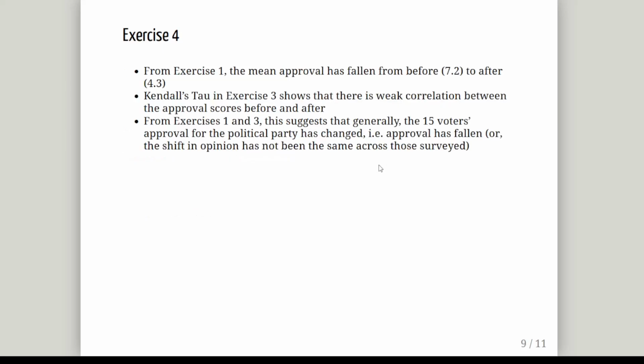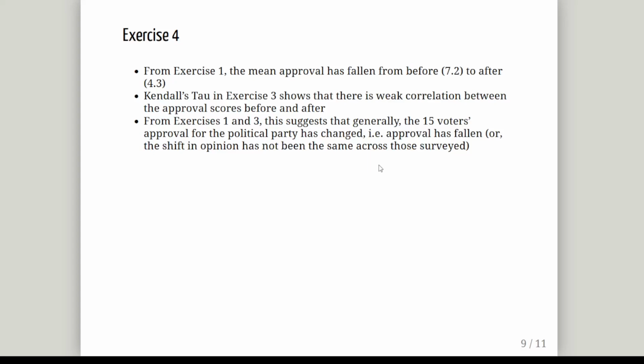So that's exercise 3. What's your conclusion? From exercise 1, the mean approval has fallen from 7.2 to 4.3, 4.266. Kendall's tau in exercise 3 shows that there's a weak correlation between the approval scores before and after.